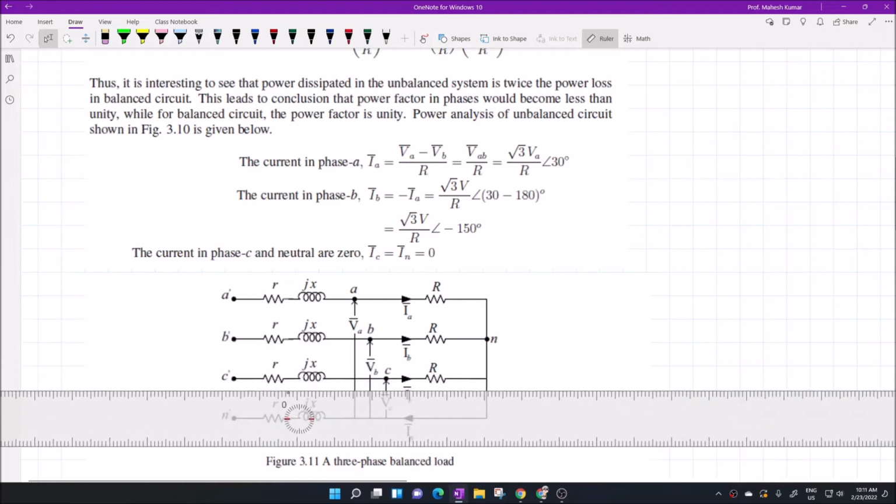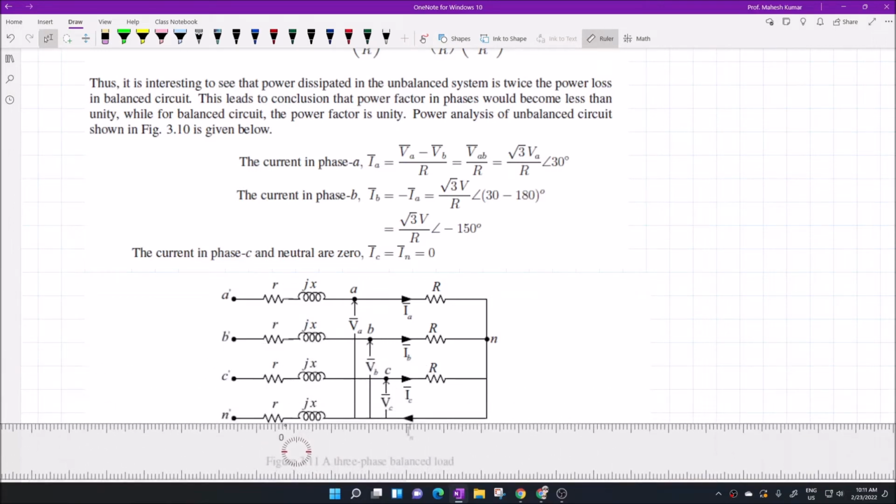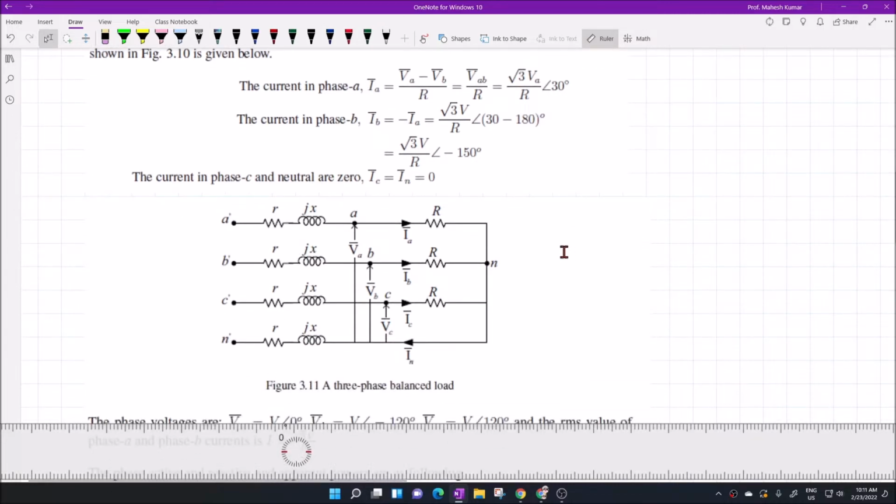If you see the circuit here, this is a three-phase balanced circuit such that the output power is the same as the previous one, that is 3 I square R. Here I is nothing but V by R, so this is 3 into V by R because it's a balanced circuit, so it will be 3 V by R square into R, which is 3V square by R. Now this is the same power as the previous one, the three-phase unbalanced case. The output power is the same.